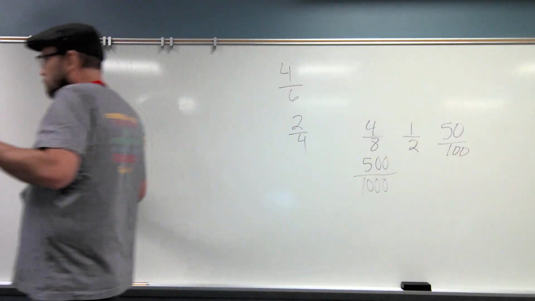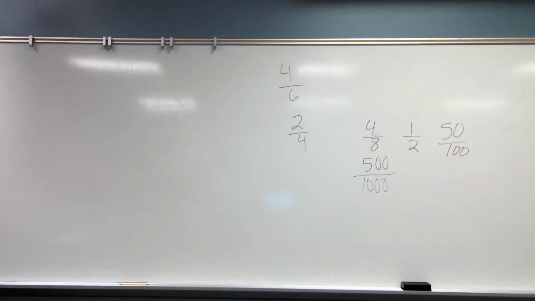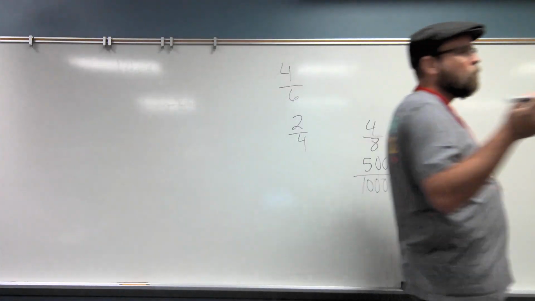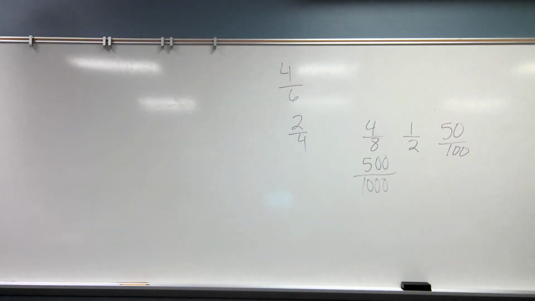Emma? Most of the time, 5 and 10 are the easiest ones. How so? How are 5 and 10 the easiest? 50 by 100, you could just subtract each 0 from it.